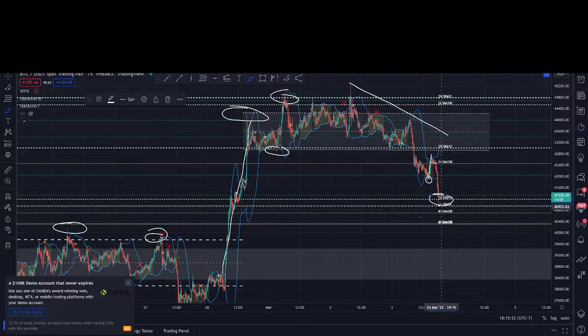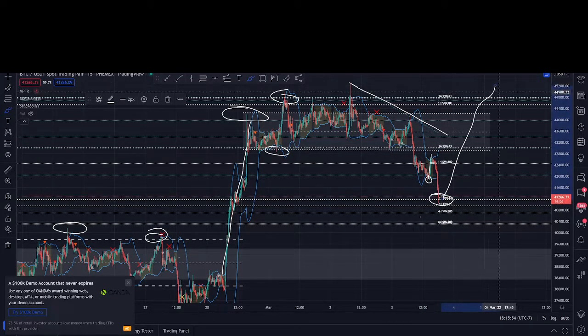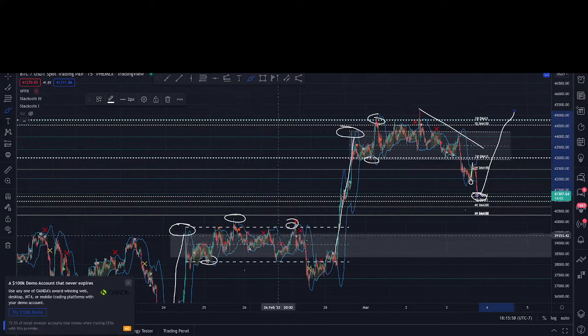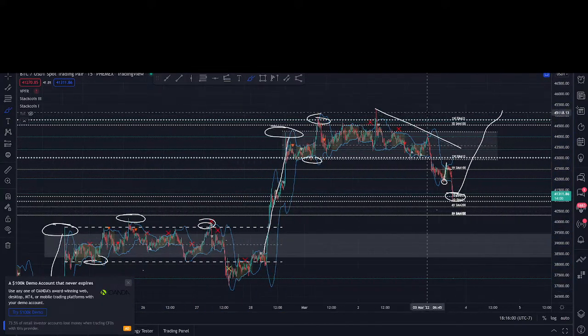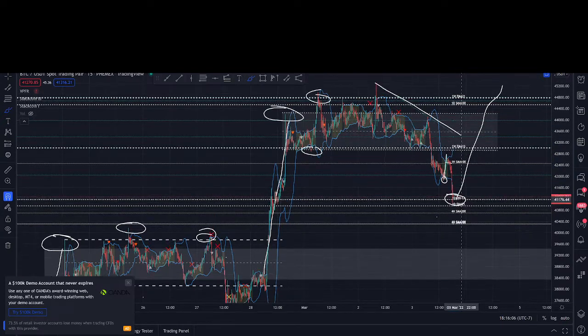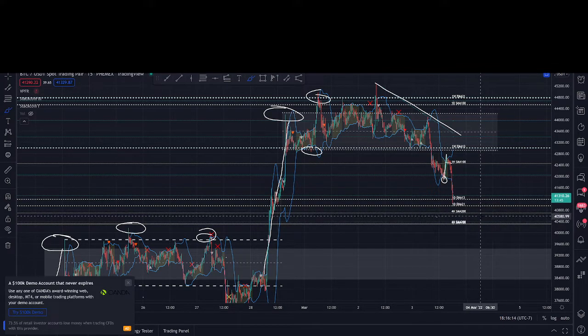Right, this should be the lowest point, and this should go up if it's a reaccumulation, which it could be, a similar one to this, but it's not as pretty, I would say. If it's a reaccumulation, then it should turn around right at this point. Around here should be the low of the low. I wouldn't expect it to go underneath, even this fourth, like maybe even here, 40,700.